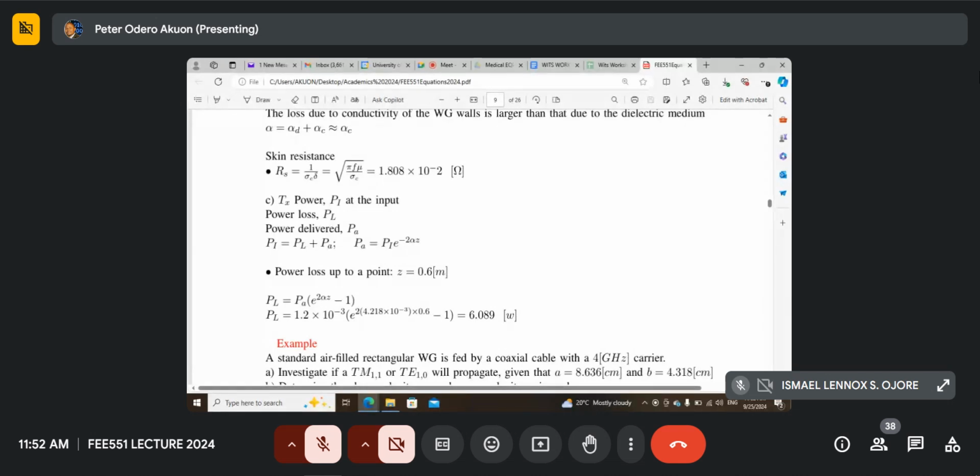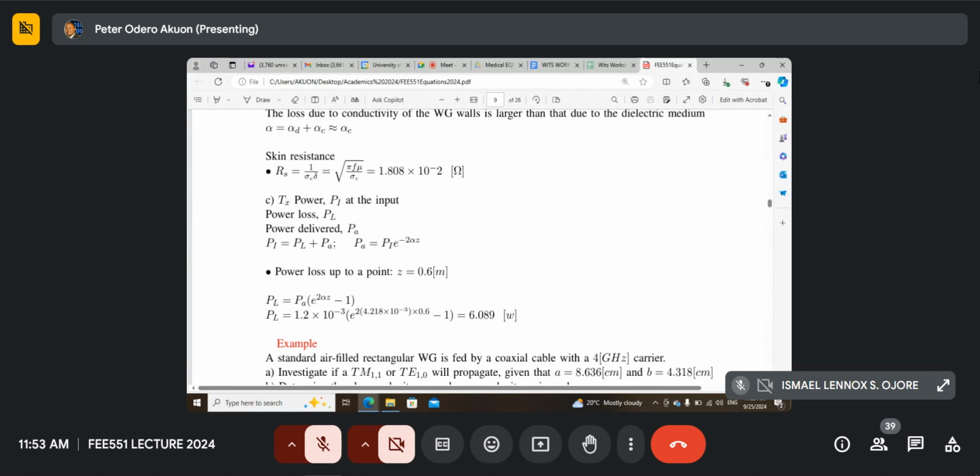We know that PA is equal to Pi times exponent of minus 2 alpha Z, exponential decay. So if we are to derive the power loss up to any point Z within the waveguide, the loss will be the power injected minus the power that is delivered at the antenna.